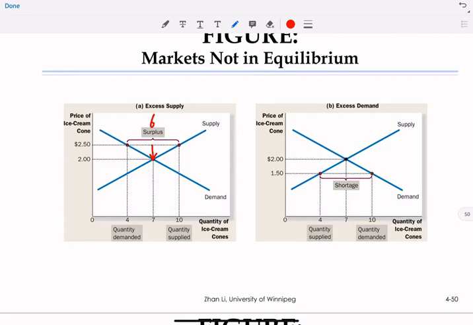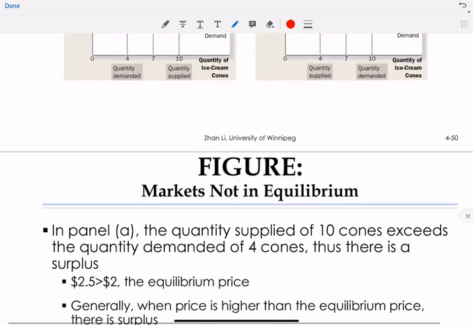So in this case, this low price of $1.5 will be put up to the $2 equilibrium price. So you can see that the competition force, at least in a competitive market, will actually eliminate either surplus or shortage, and will put the market back into equilibrium.